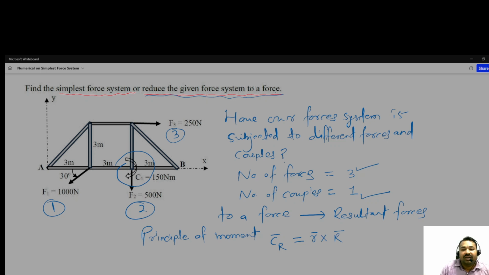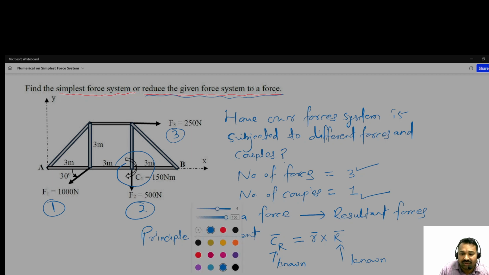So through this we can convert the whole force system into the resultant force only. There will be no couple. Through this, what is known? Through the calculation we will get this, we know. What is unknown? The position vector R is unknown.